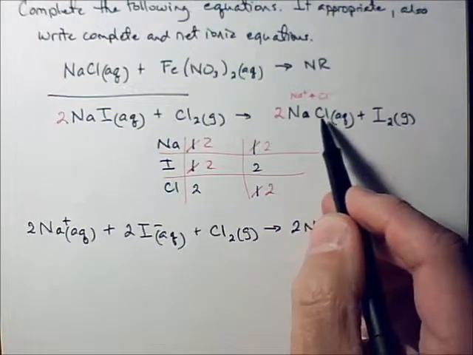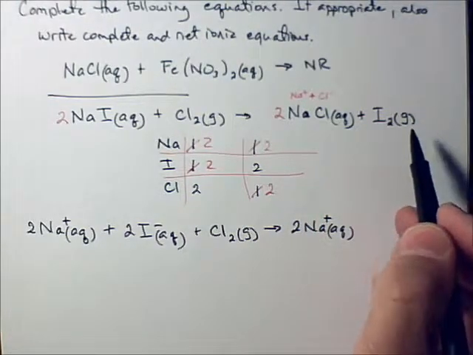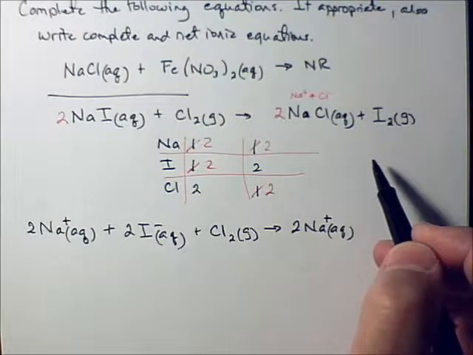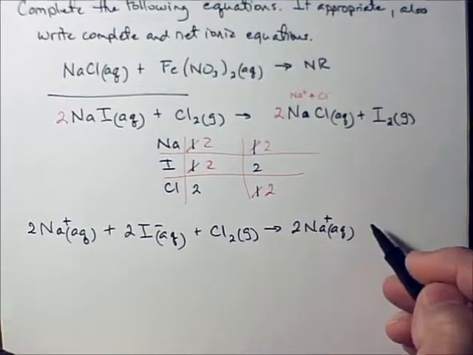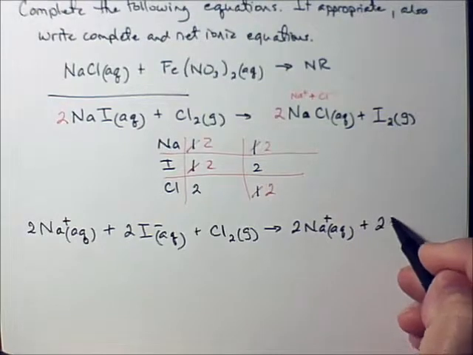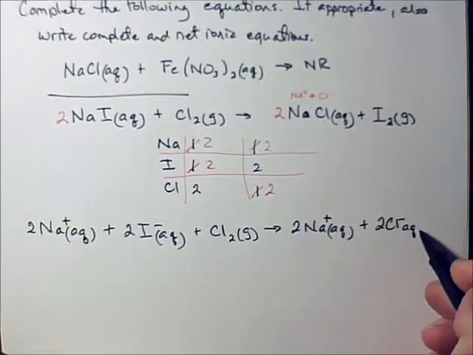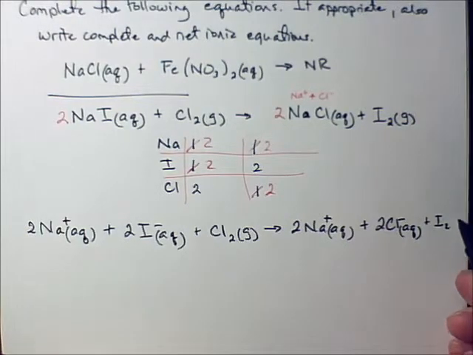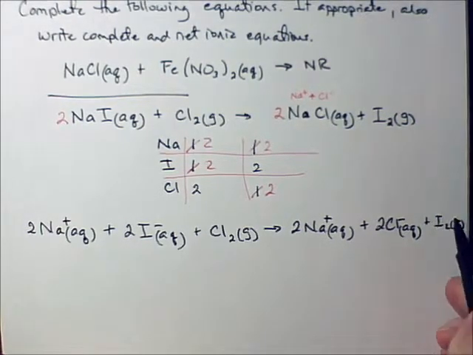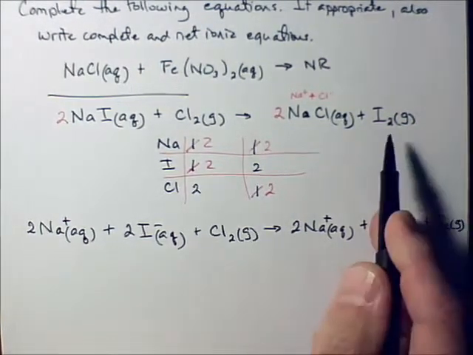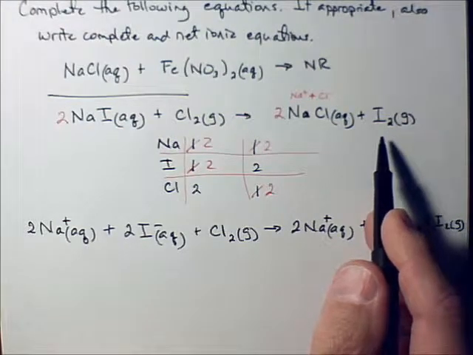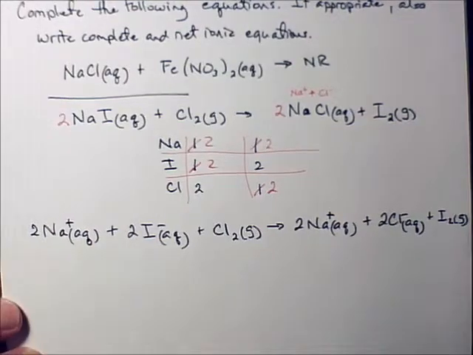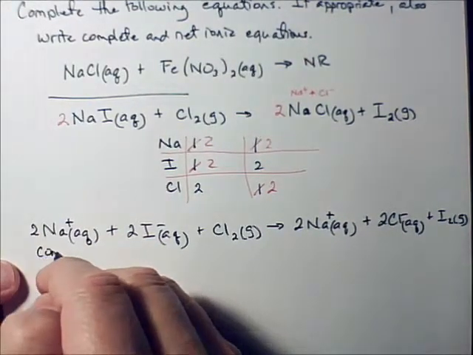Show a charge on the sodium and the chlorine, but not the iodine, not when they're not split up. So the iodine doesn't change because it's not ionic and it's not aqueous. Has to be both to split it up. All right, so that's the complete ionic equation.